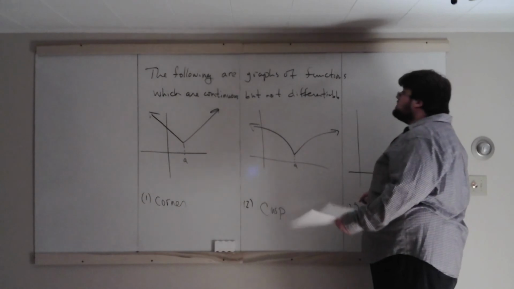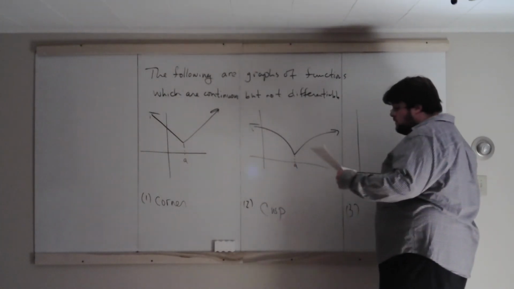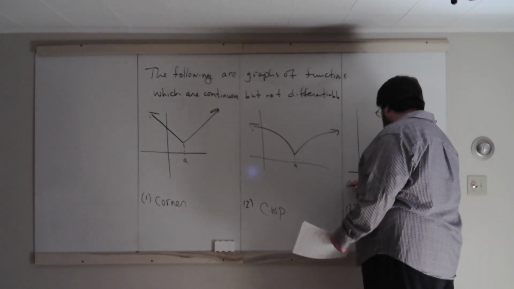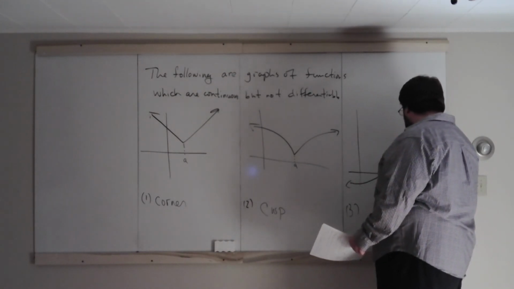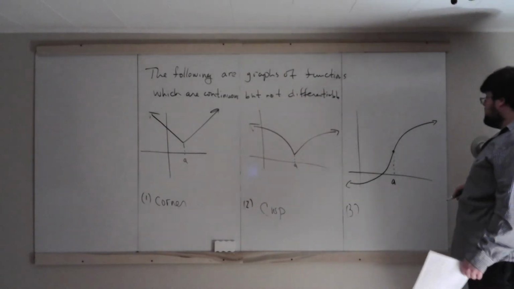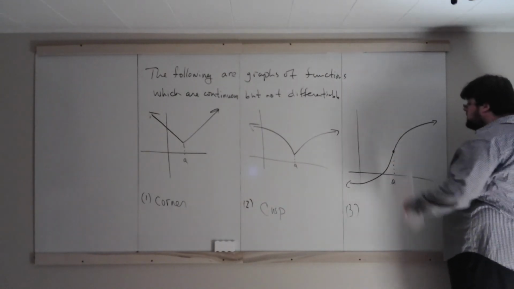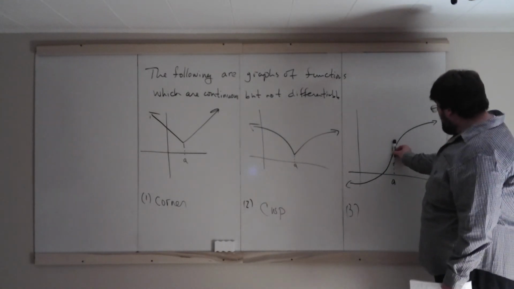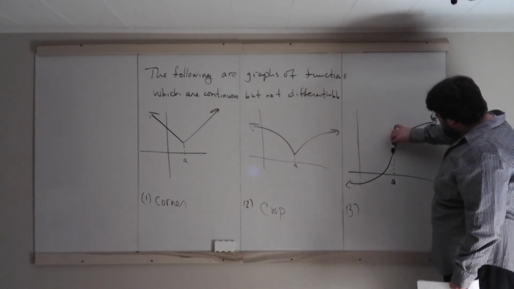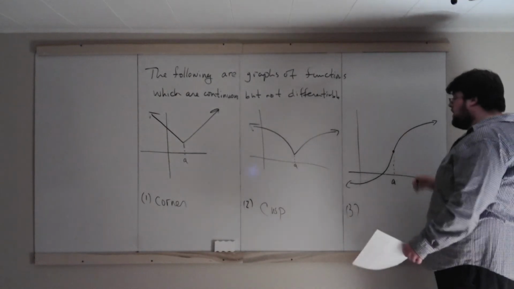This third example of a continuous function which is not differentiable would look like this. Right here, this is an example of a function which would have a vertical tangent. So at A, the tangent line is vertical. On this side, the tangent lines approach positive infinity. On this side, they also approach positive infinity.